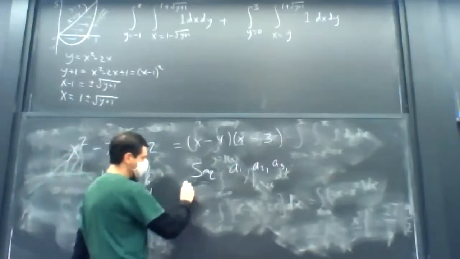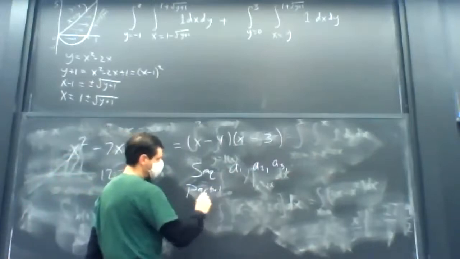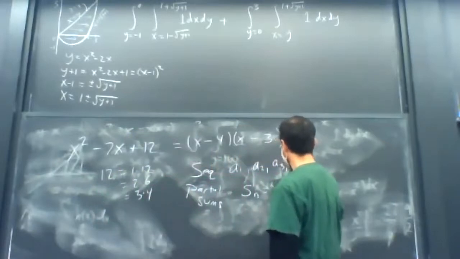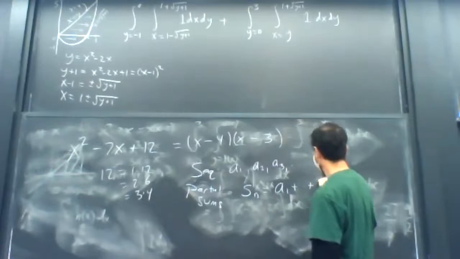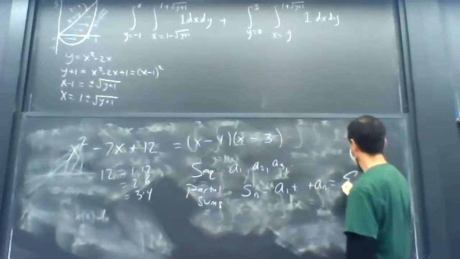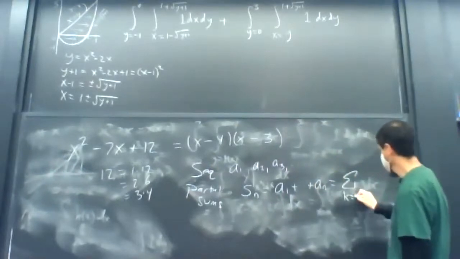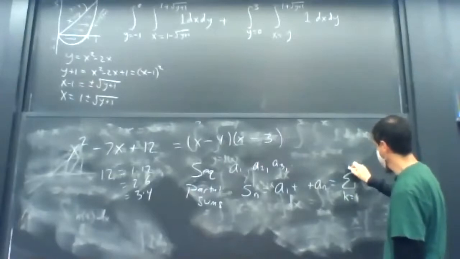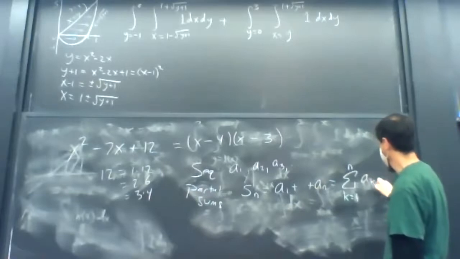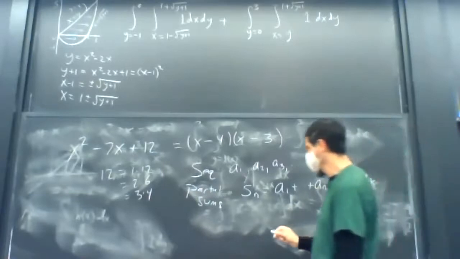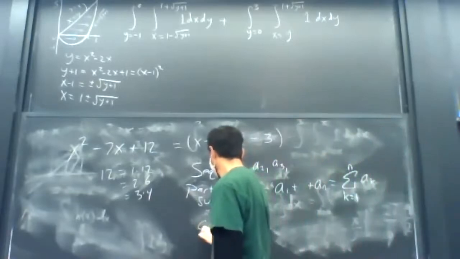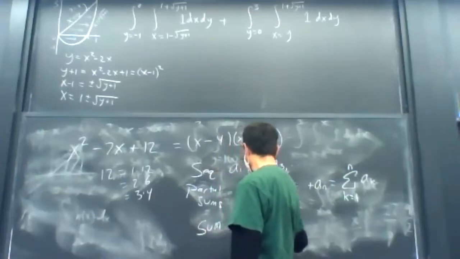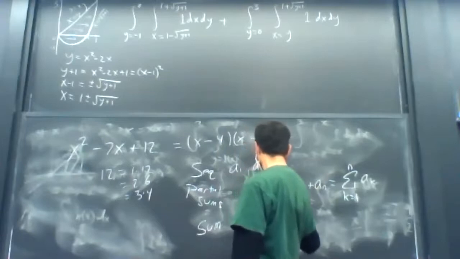We talk about the partial sums, and that would be Sn is A1 plus through An, or in summation notation, it's the sum from k equals 1 to n of Ak. And then we often look at the sum, which would be the limit as n goes to infinity of Sn.